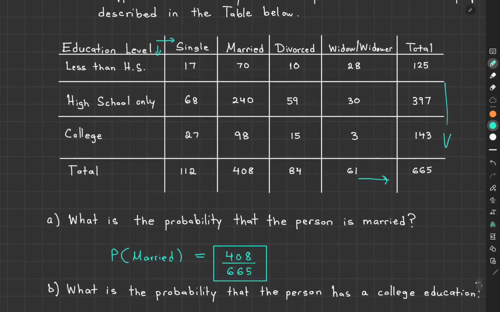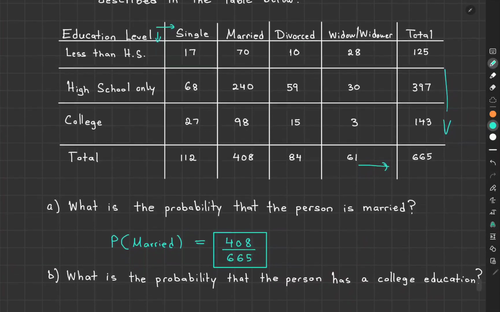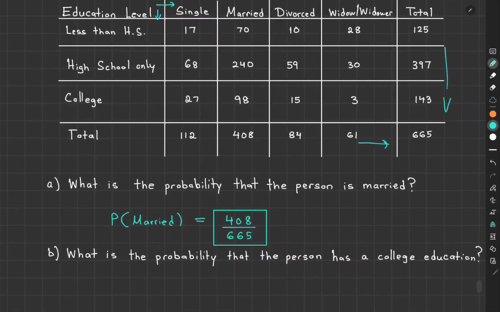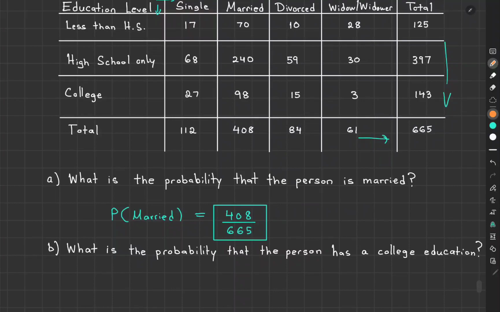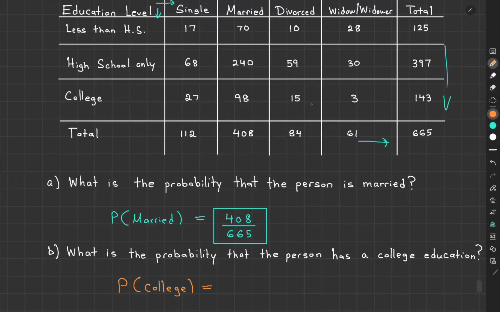Now, what's the probability that the randomly selected person has a college education? Okay, so for a college education, you're going to go to the college row. We're going to find the total value here, which is 143, and divide that by 665. And that's our probability that a randomly selected person has at least a college education.